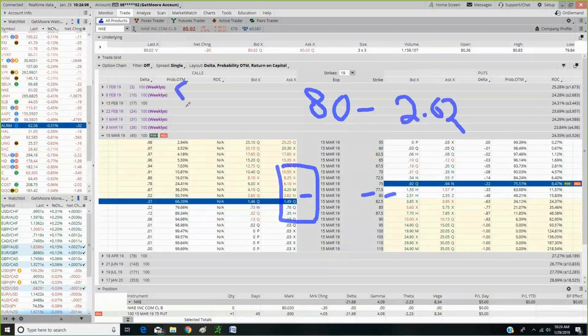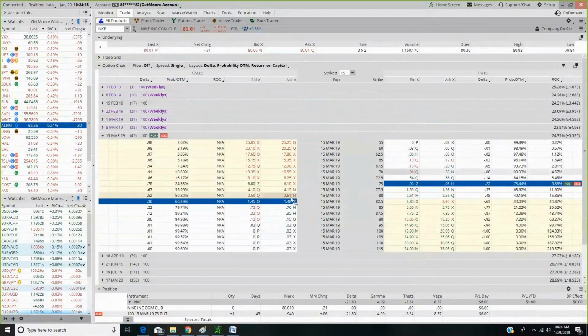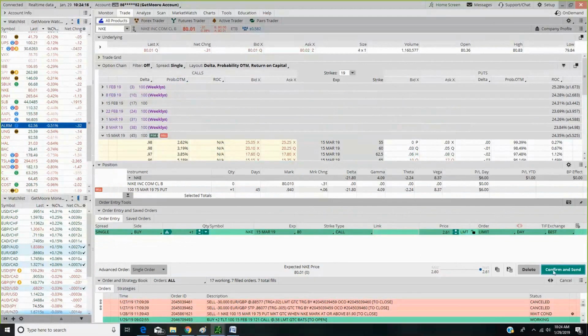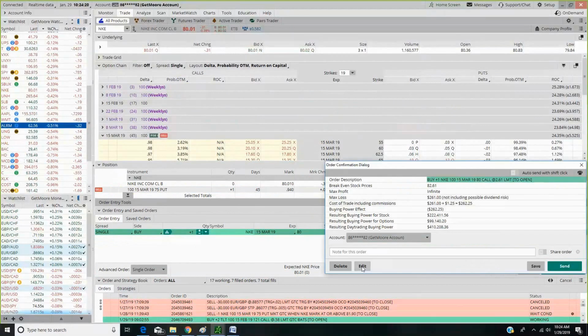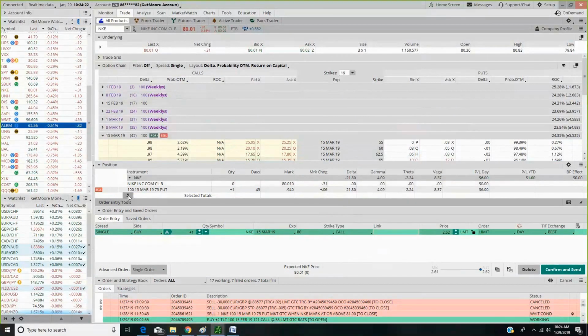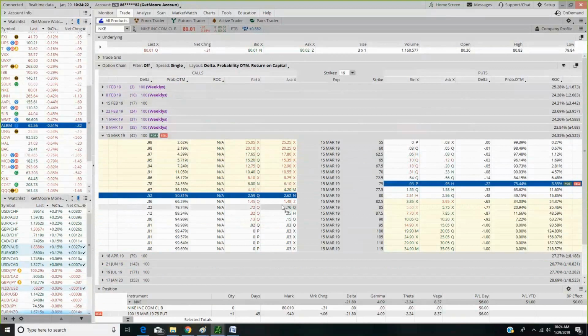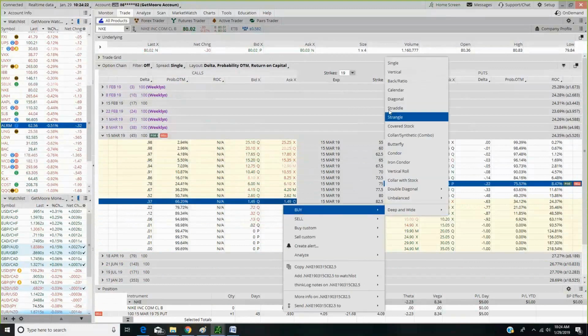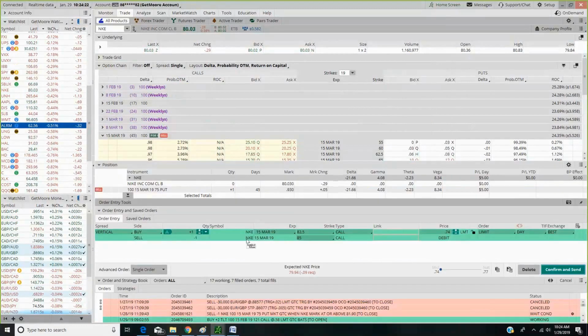Remember that, $262. That's how much money it's going to cost me if I buy the 80. See, look, I buy the 80, 260, boom. Remember that, 261.